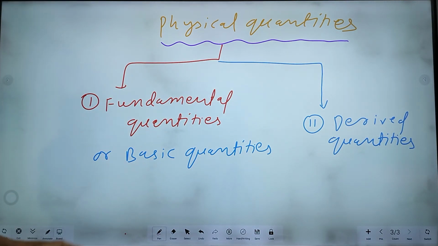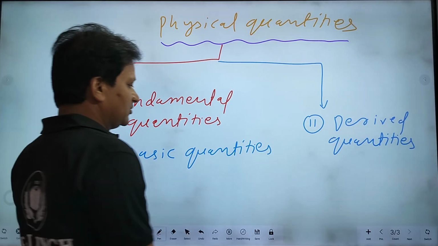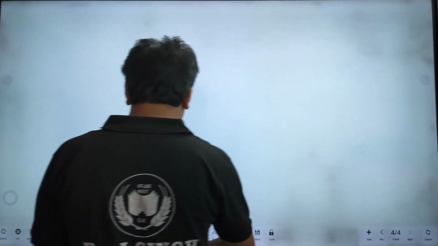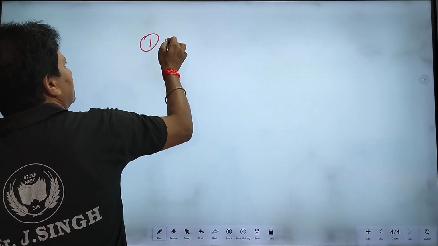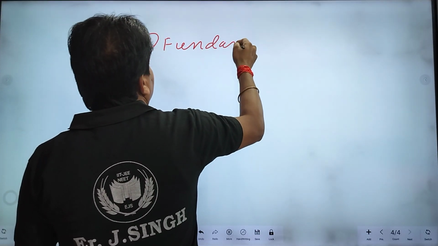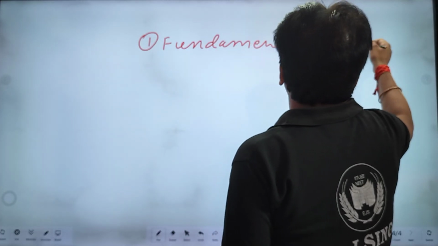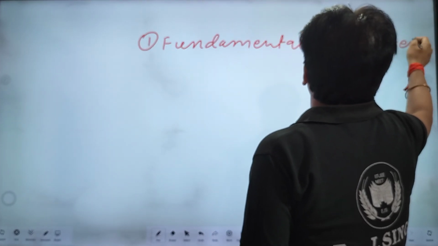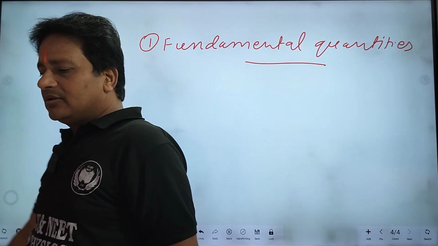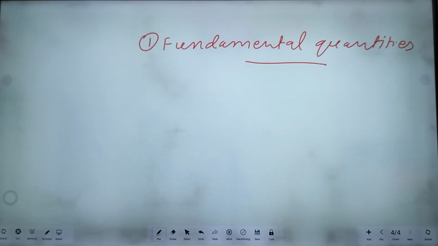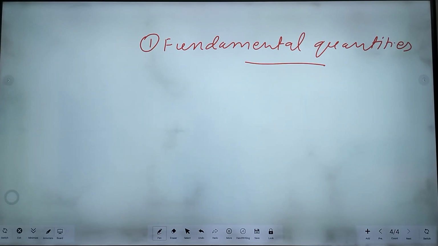First of all, I am going to discuss fundamental quantities. What are the fundamental quantities? The physical quantities which are independent are called fundamental quantities.